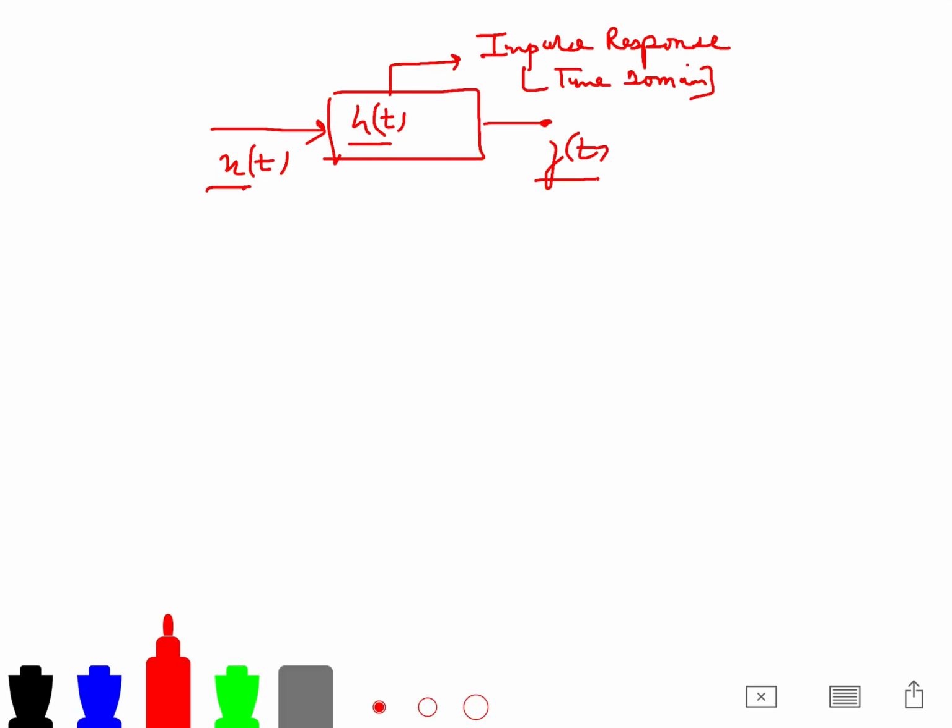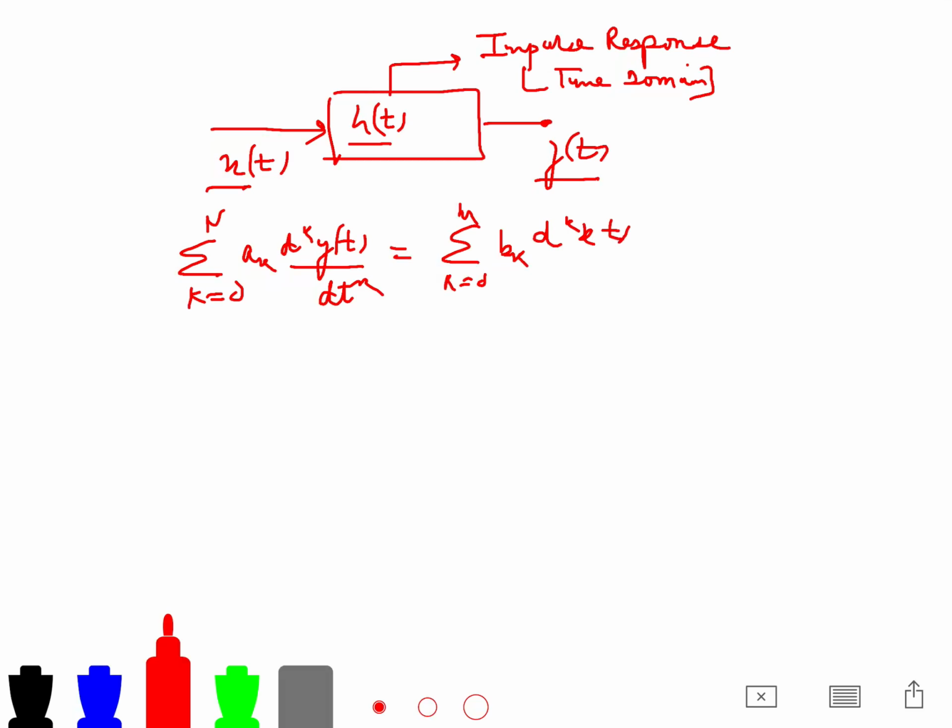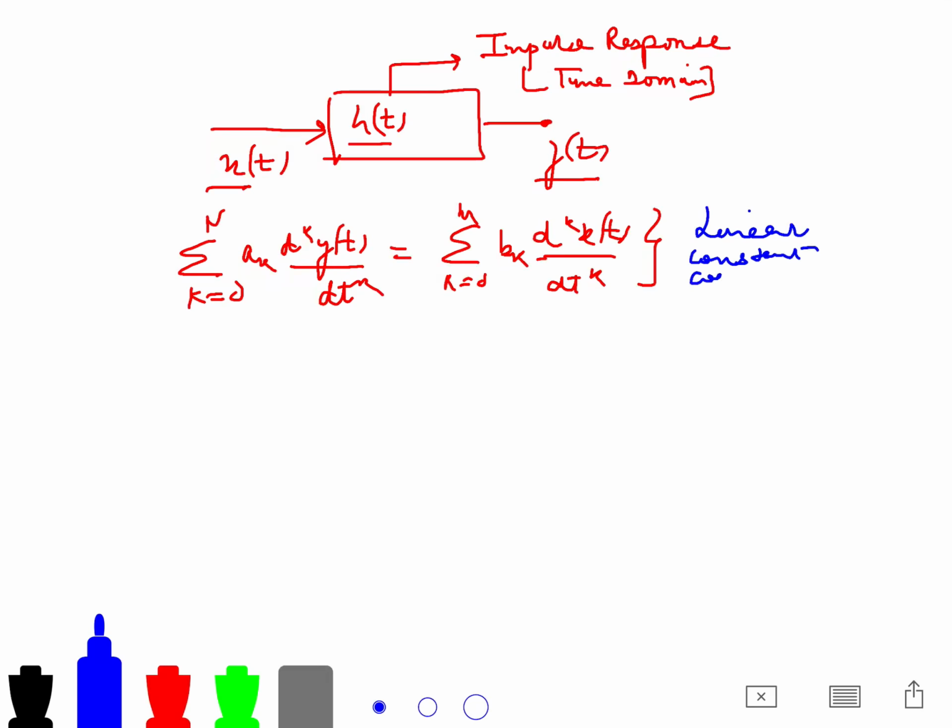Okay, in time domain. Now these three parameters x(t), h(t), y(t) can be related through a differential equation, a linear constant coefficient differential equation, and it can be written as summation k equals 0 to N a_k d^k y(t) over dt^k is equal to summation k equals 0 to M b_k d^k x(t) over dt^k.